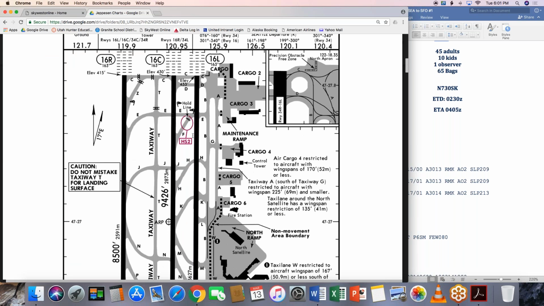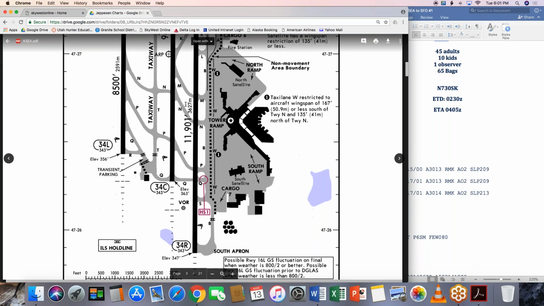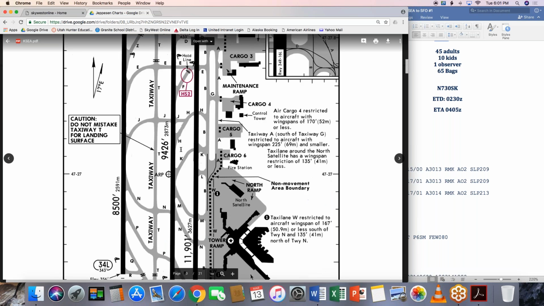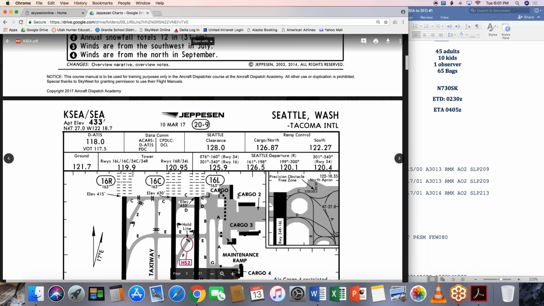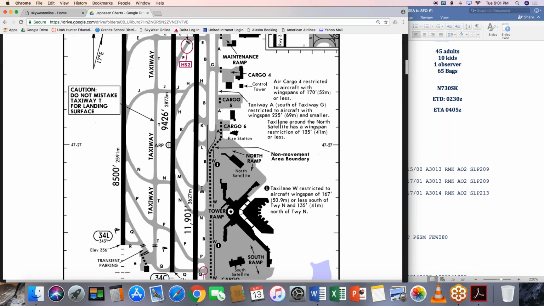If you look at the end of the runway, it gives you an elevation, right? 356, 347. On this side, it's 415, 430. So we'll just say that it's like 400 feet above sea level. Everybody good with that? Okay.